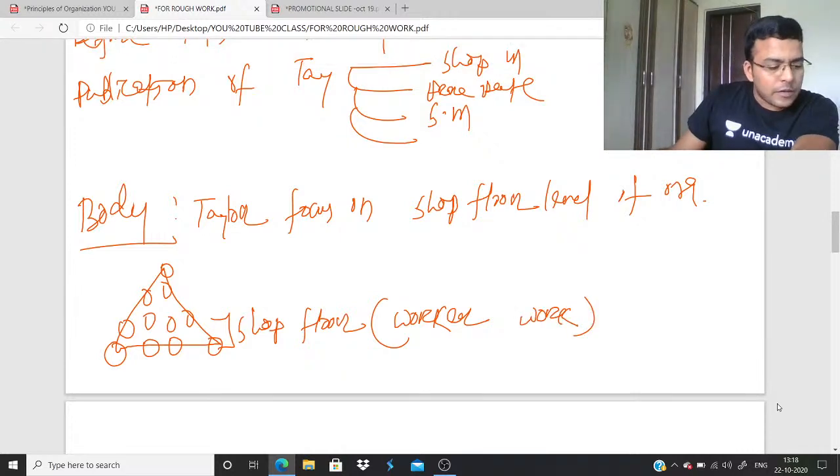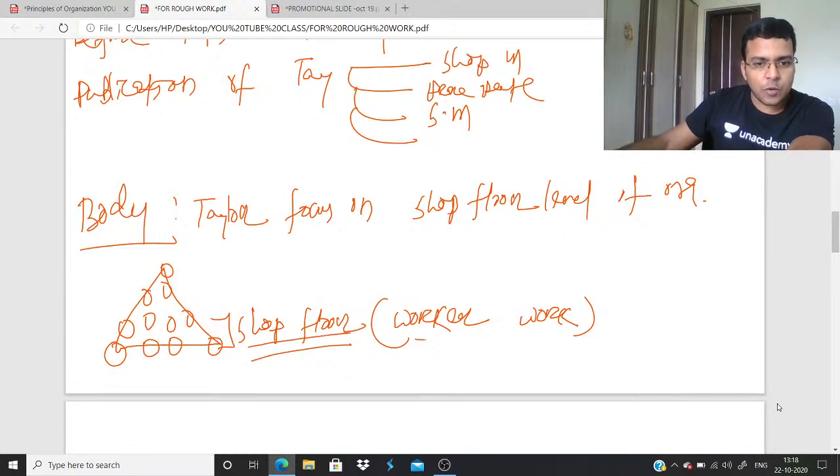Yes, we will go to that. 14 principles by Fayol, that is Fayol's principle. 14 by Fayol, 10 by Gulick, 8 by Urwick. We are discussing Taylor, Taylor's idea of scientific management. Again, it is divided into three types. Shop floor is the lowest level where actual production takes place.